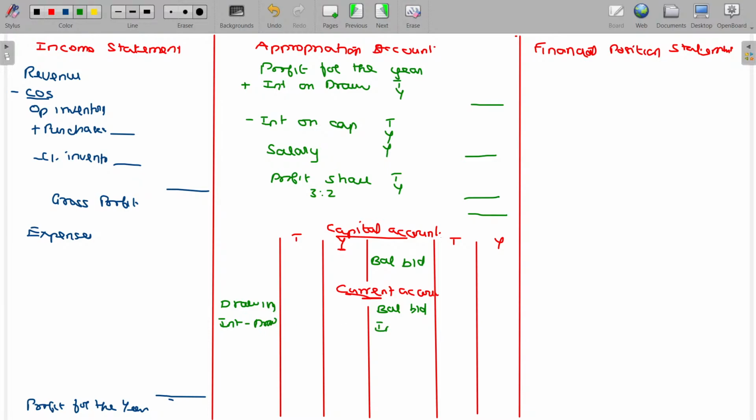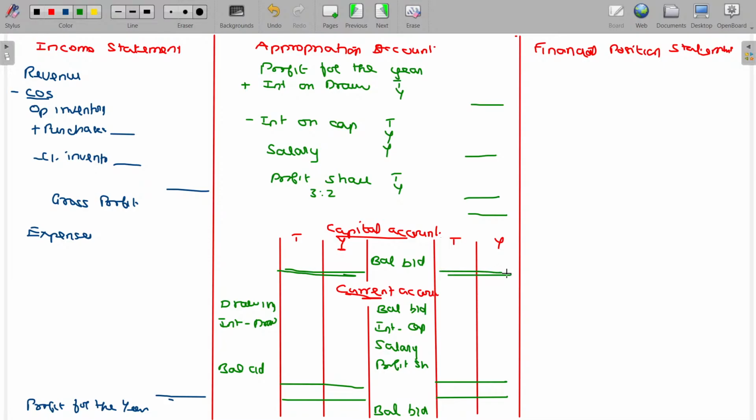Here, interest on capital and salary, if any, profit share. These are the items that will come. You will get the balance carried on, rewrite here as balance brought down. This one also you can tally and get the balance as usual, but anyhow we have no other transaction, so I'll keep it as it is.